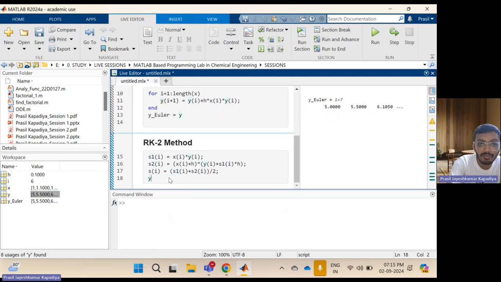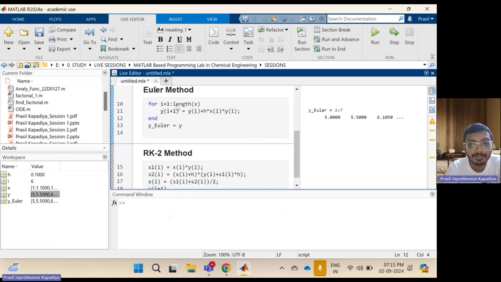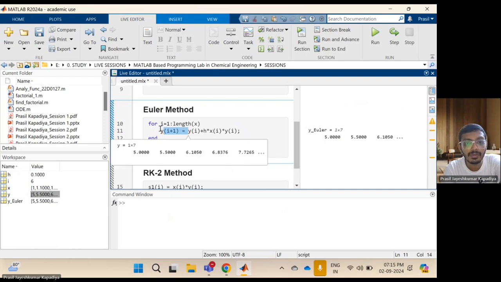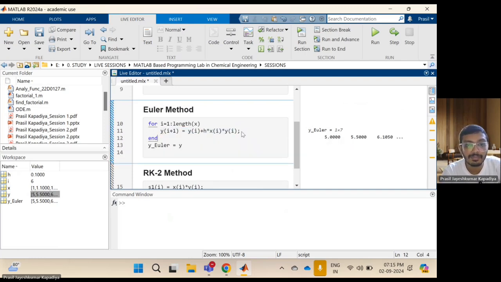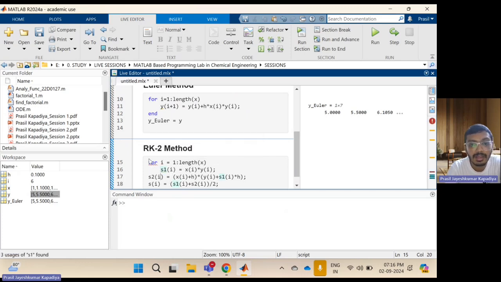And I write y of I plus 1 the same, this same term, but the only difference is it is h into s of I. So this is how we calculate using RK2 method for I is equal to 1 to length of x.